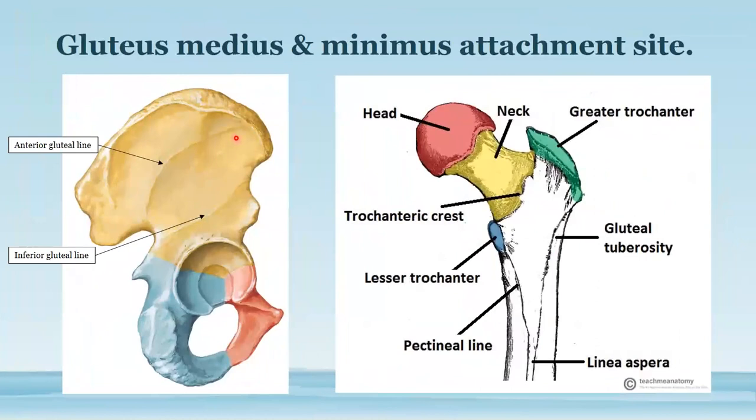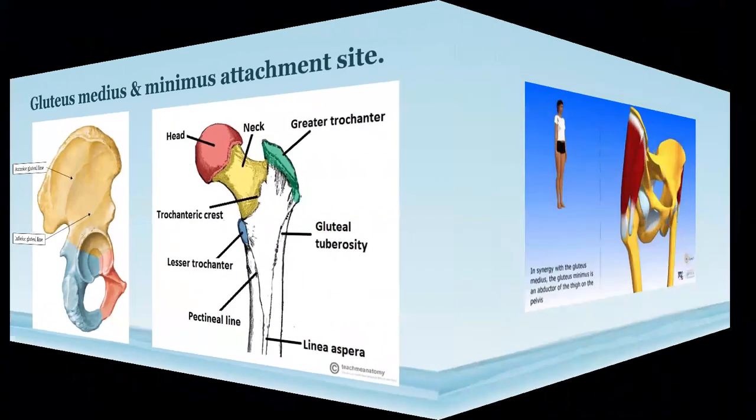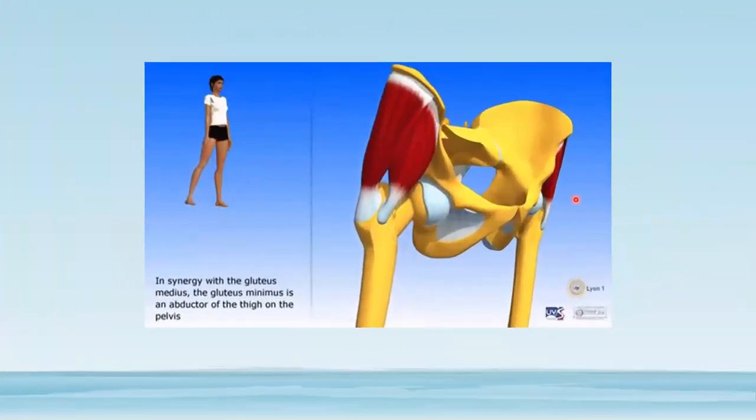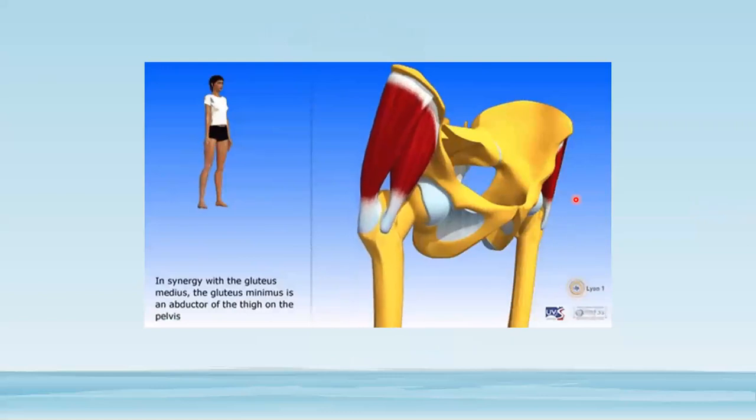Okay, again, the origin of the gluteus medius and minimus: the anterior gluteal line is for the gluteus medius and the inferior gluteal line is for the gluteus minimus. Both of them attach at the greater trochanter of the femur. Okay, this is the action of the gluteus medius and gluteus minimus.